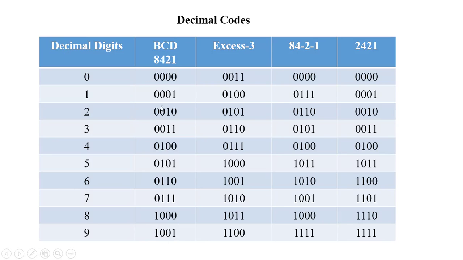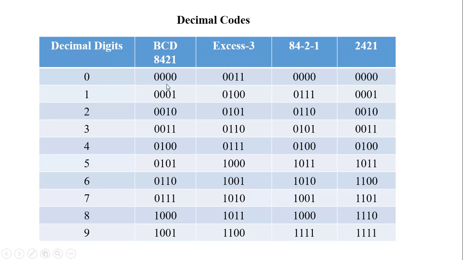Keep in mind, BCD is a weighted code, and BCD is not a self-complementary code. Look, the complement of 0000 is 1111, four ones. It is not present in the BCD table.